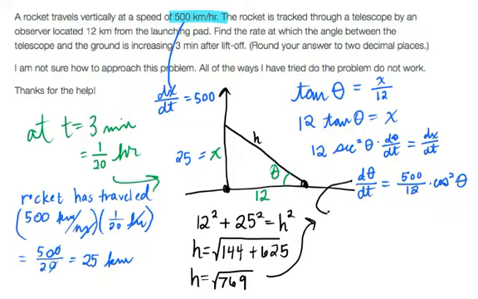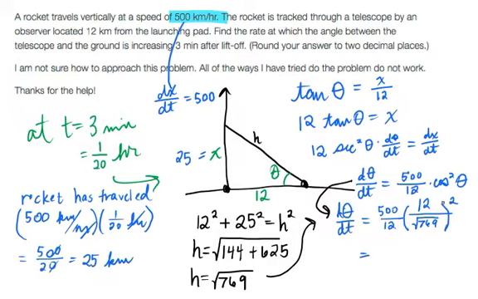Okay, so coming down here, we have d theta dt is equal to 500 over 12 times cosine of theta squared. Cosine of theta is the adjacent side over its hypotenuse, so it's going to be 12 over square root of 769, all being squared.